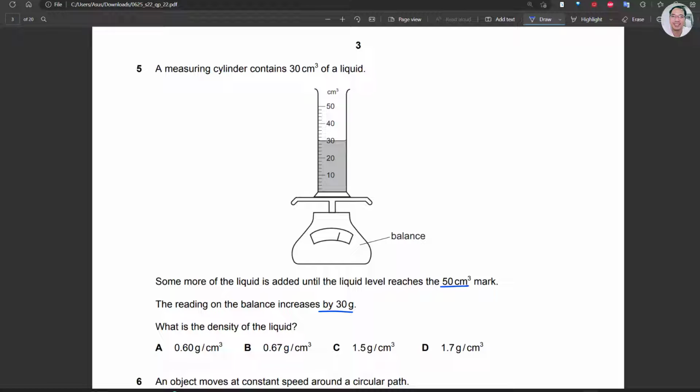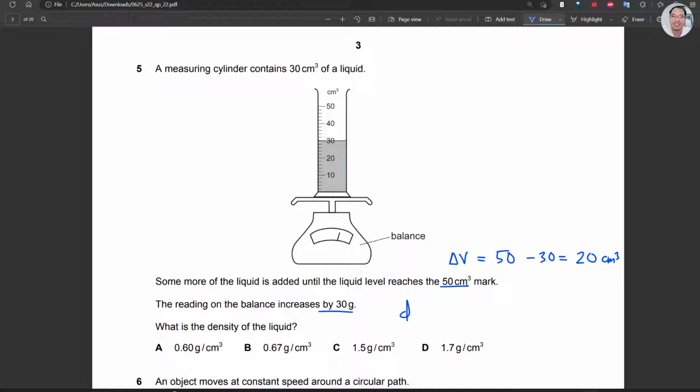So the increase of the liquid volume, delta V, is 50 minus the initial value, which is 30. Meaning the volume increases by 20 cm³, and the mass of that increase in volume is 30 g.